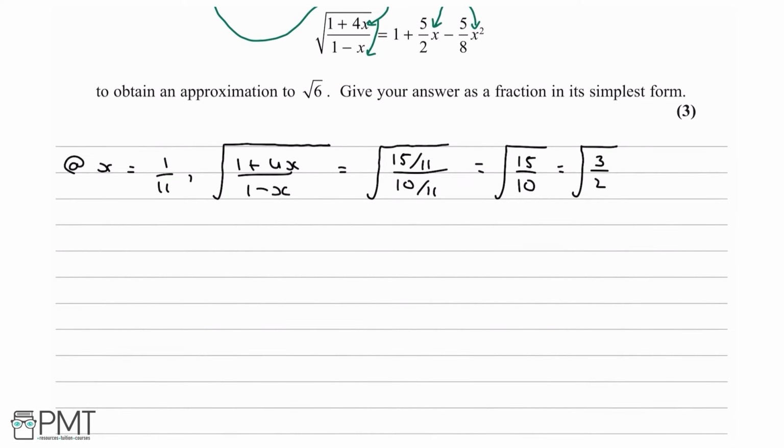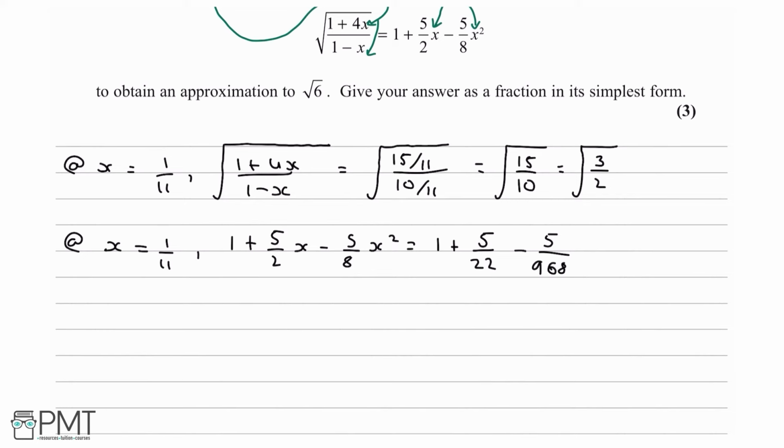Now, at x equals 1 over 11, substituting into our approximation, we have 1 plus 5 over 2 x minus 5 over 8 x squared, which equals 1 plus 5 over 2 times 1 over 11, which is 5 over 22, minus 5 over 8 times 1 over 11 squared, which gets us 5 over 968.